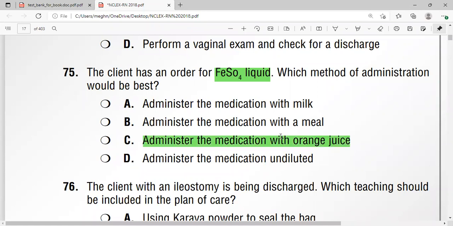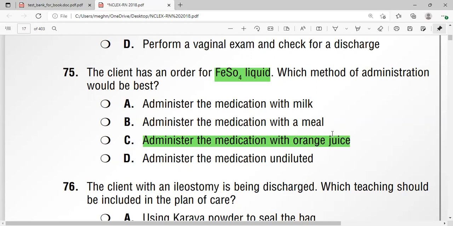So ferrous sulfate or iron should be given with ascorbic acid. Ascorbic acid means vitamin C, and we get vitamin C in orange juice. Vitamin C helps with absorption of iron.